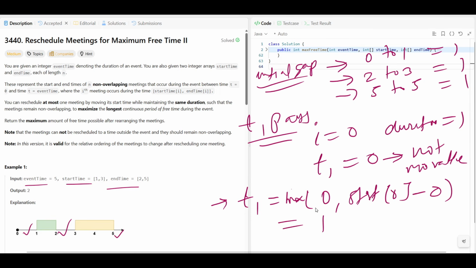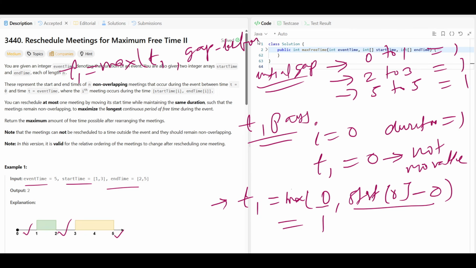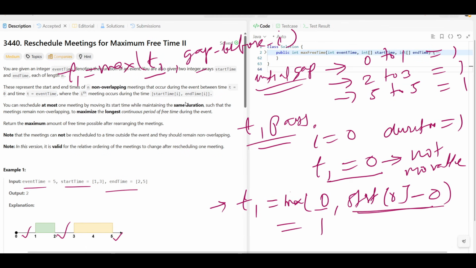So this is T1, and we are finding the gap before I, right? So for the gap before I, we will pass this value. I was saying T1 will be our max, remember, and we pass T1, and then we pass the gap before I. This T1 is already 0, then we have the gap before I, that we will find like this. Okay, give me 1 second.